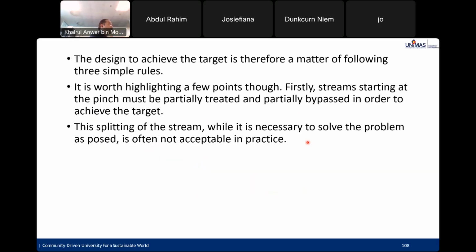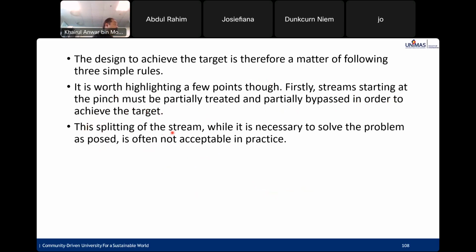The design to achieve the target is therefore a matter of following 3 simple rules. It is worth highlighting a few points. Firstly, a stream starting at the pinch must be partially treated and partially bypassed in order to achieve the target.